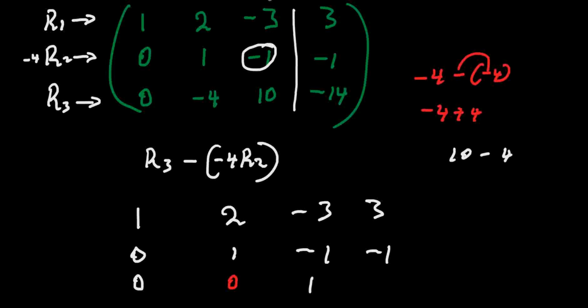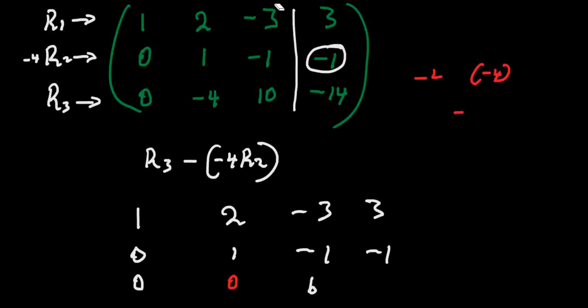Here is 6. Good. And then negative 4 times negative 1 will give us 4. Positive 4. So negative 14 minus 4. Negative 14 minus 4 will give us, let's look at that again.